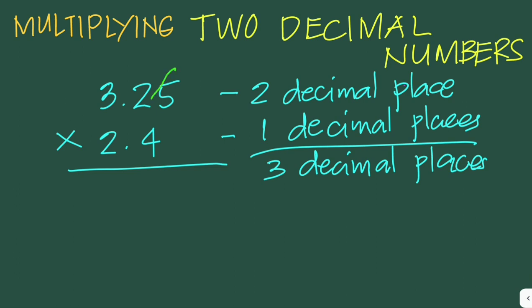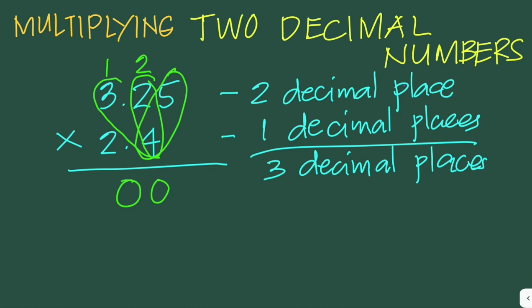Let's start here. 4 times 5, so that is 20. So we bring down 0, and then we put 2 on top or above 2. And then 4 times 2 is 8. 8 plus 2 is 10. We bring down 0. And then we put 1 on top of 3 or above 3. And then 4 times 3, that is 12. 12 plus 1 is 13.